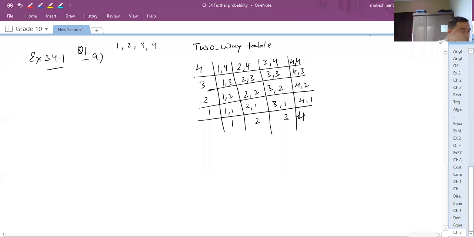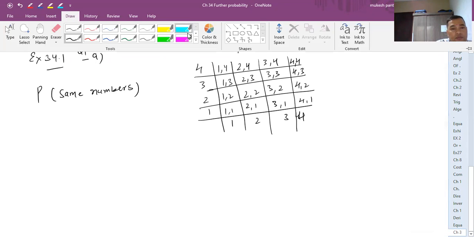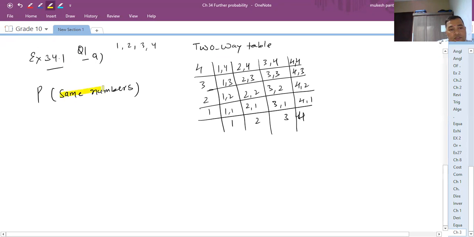Right. For part A, we have to make a table like the one we have made here. What is the probability that both dice show the same number? So we are looking for the same numbers. Both dice show the same number: this, and this.